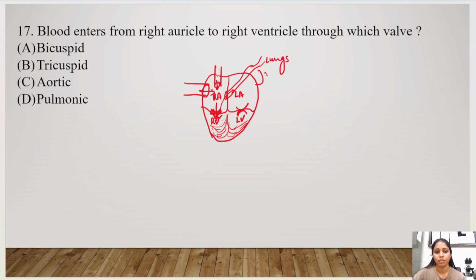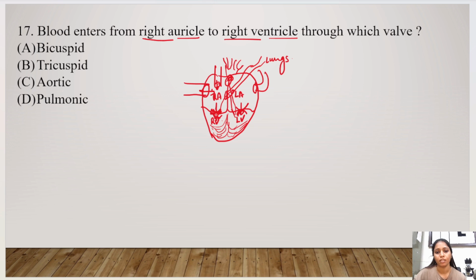Then this blood comes back to the left atrium, and then it goes through the bicuspid valve to the left ventricle. Then from the left ventricle this blood goes into the aorta through the aortic valve. This is the rough structure of blood flow. So here it asks about right auricle to right ventricle.